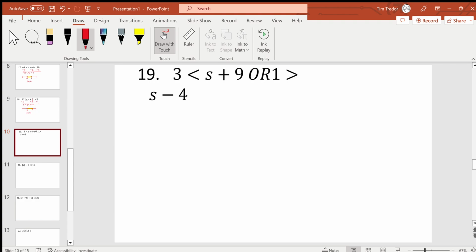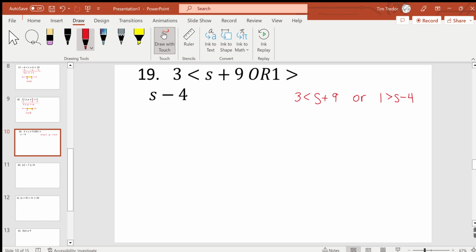We'll do 3 less than s plus 9, or 1 is greater than s minus 4. In this case, we're going to look at these two inequalities independently.